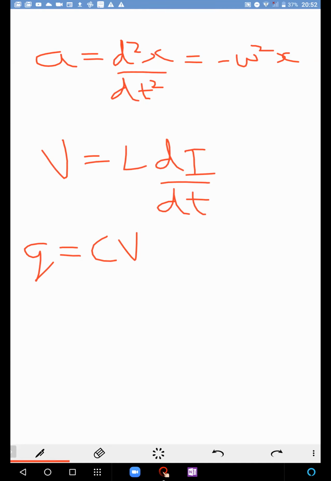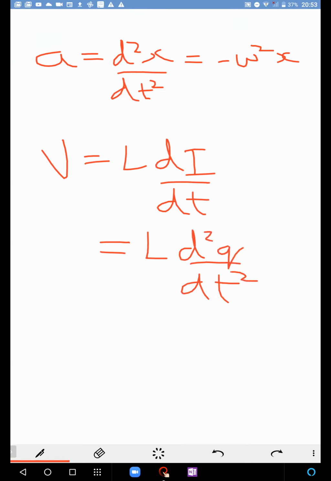एक मिनट. अच्छा, एक, शिट भूल गया. Q is CV. di/dt, आई थिंक यहाँ पे इसको d स्क्वायर q by dt स्क्वायर के टर्म्स में कुछ लिख सकते हैं.